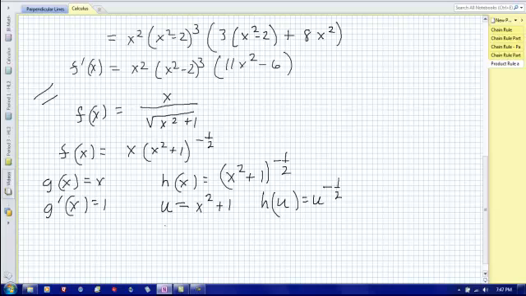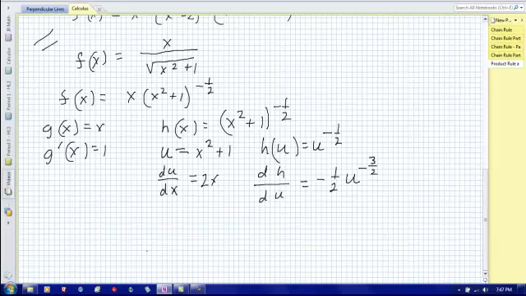Okay, let's take those derivatives. du dx is equal to 2x, and dh du is equal to negative 1/2 u to the negative 3/2.